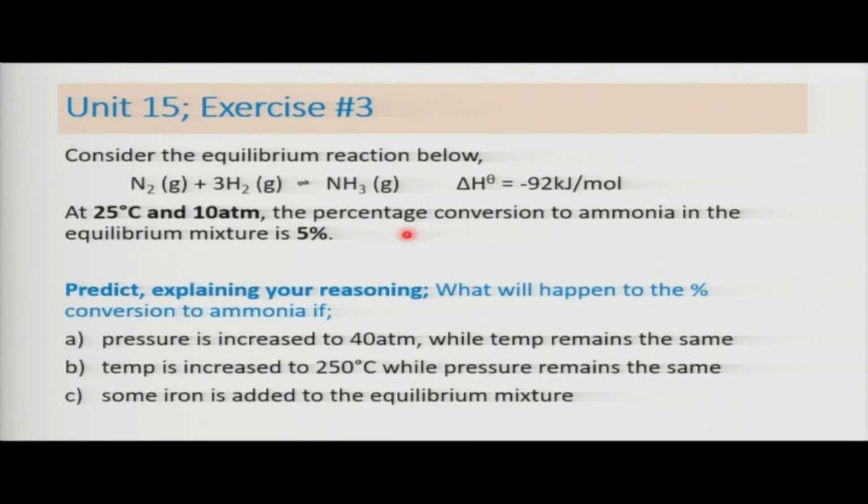We want to find out, predict and explain your reasoning, what will happen to the percentage conversion of ammonia if pressure is increased while you maintain temperature constant, or if temperature is increased while you maintain pressure constant. And if you add the catalyst, in this case, iron. What will happen? These 3 questions should enlighten you on the factors that we have looked at.